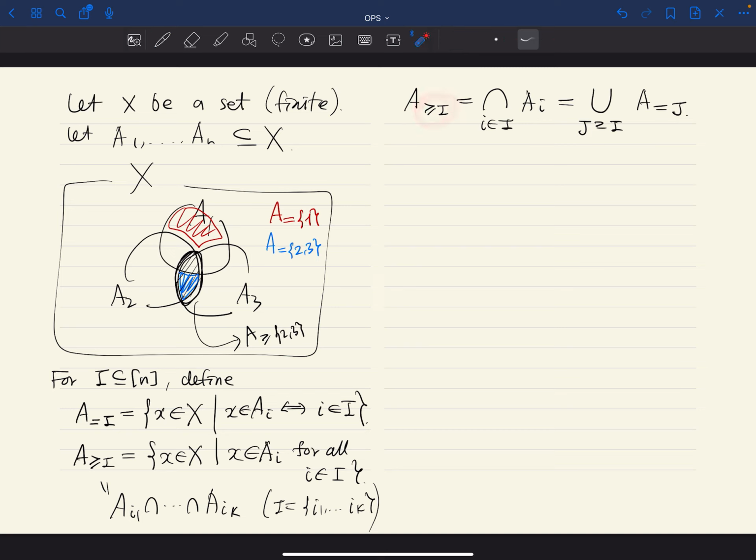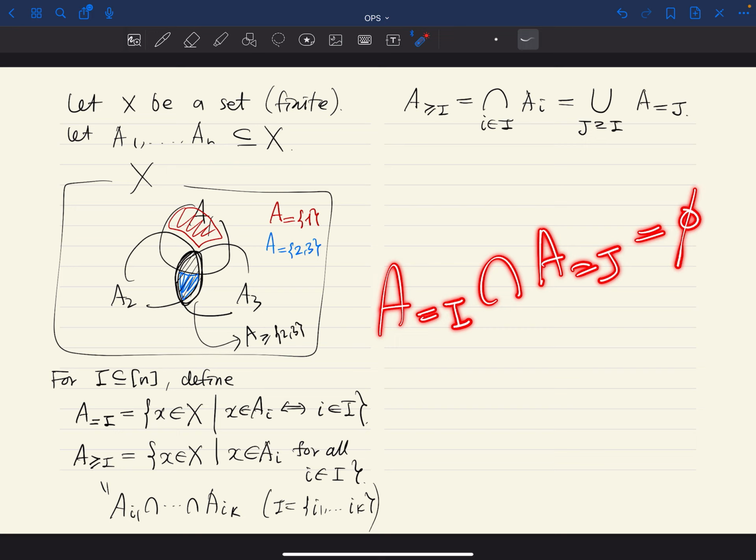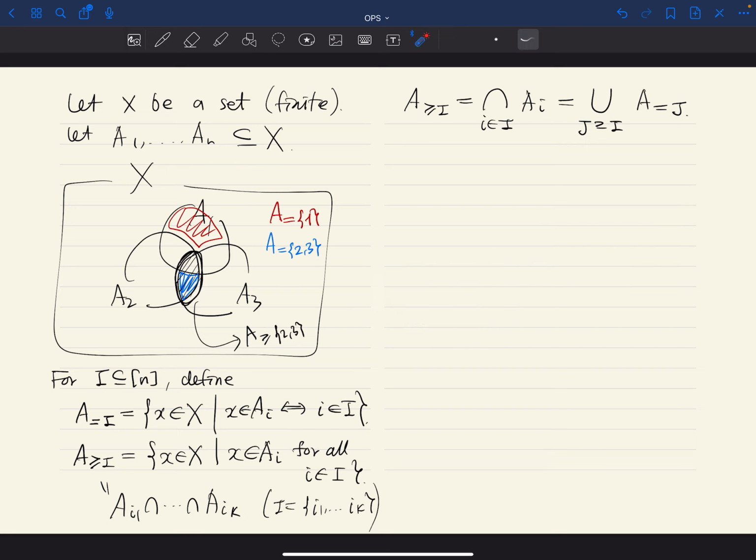Because if something has at least properties I, then it may have something more, say J, and then it will be exactly A equal J. By the way, these are all disjoint. A equal I and A equal J are always empty intersections, unless they are of course equal.